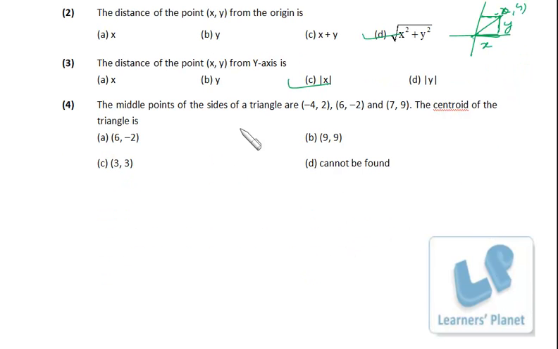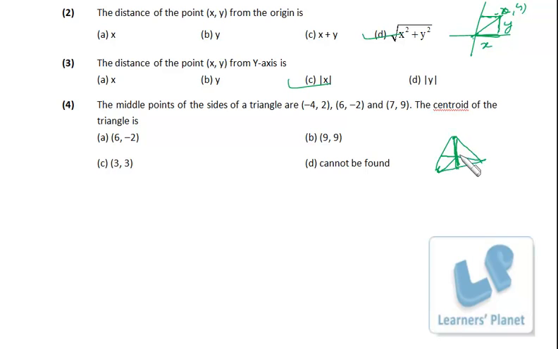The midpoints of the sides of a triangle are given; find the centroid of the triangle. Friends, the centroid is actually the concurrence point of medians. And what is a median? Suppose this is a triangle, then from this point, if we drop a line that connects with the midpoint of this side, then this is the median, right?